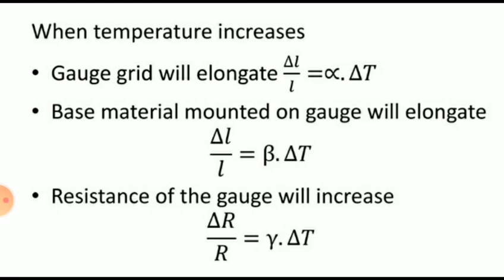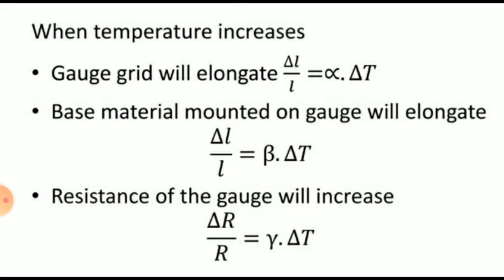Now the change in resistance is due to two ways. First, the resistance of the wire grid of the strain gauge changes with change in temperature. And second, the resistance of the gauge may change due to differential expansion existing between the gauge and the test specimen on which it is bonded, that is, due to the difference in coefficient of expansion.